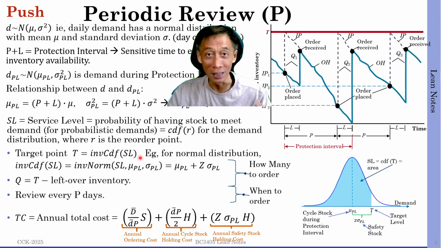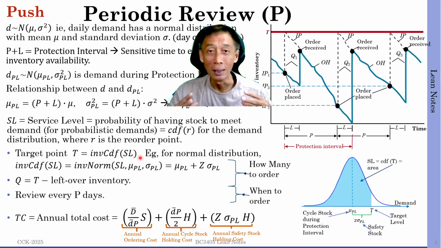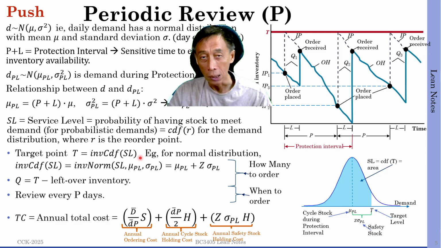But please, as an inventory specialist, you should not mix up the terms. Reorder point makes sense only when you are discussing continuous review. The term reorder point. In periodic review, there is no such thing as reorder point. The calculation can look very similar, but that's to calculate target point.